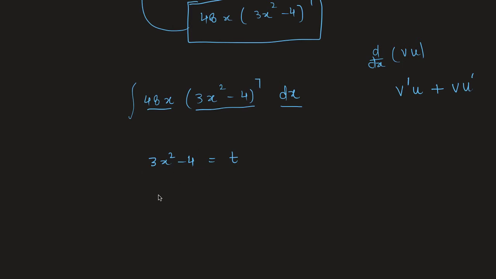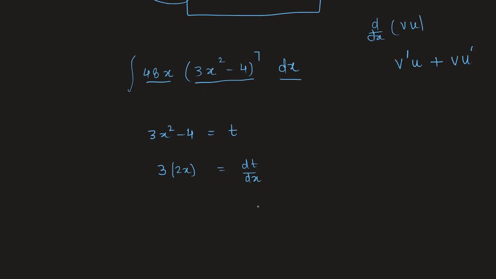Okay, so now if I differentiate this part with respect to x, this would be 3 times 2x plus 0, and dt by dx, since I am differentiating with respect to x. Okay, now can I write this as 6x dx is equal to dt? Yes or no?